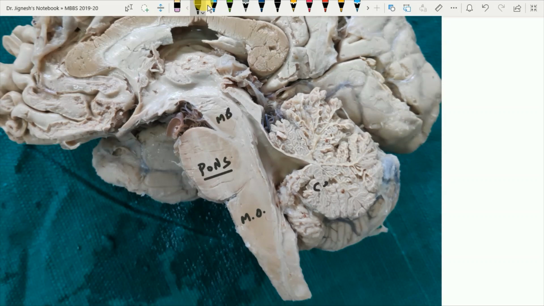This is the cerebellum, and this slit is the cerebral aqueduct, which is going to enlarge to form the fourth ventricle, and this fourth ventricle has one roof, and this one is the floor of the fourth ventricle. So we can easily appreciate that this posterior surface of the pons is formed by the upper part of the floor of the fourth ventricle.